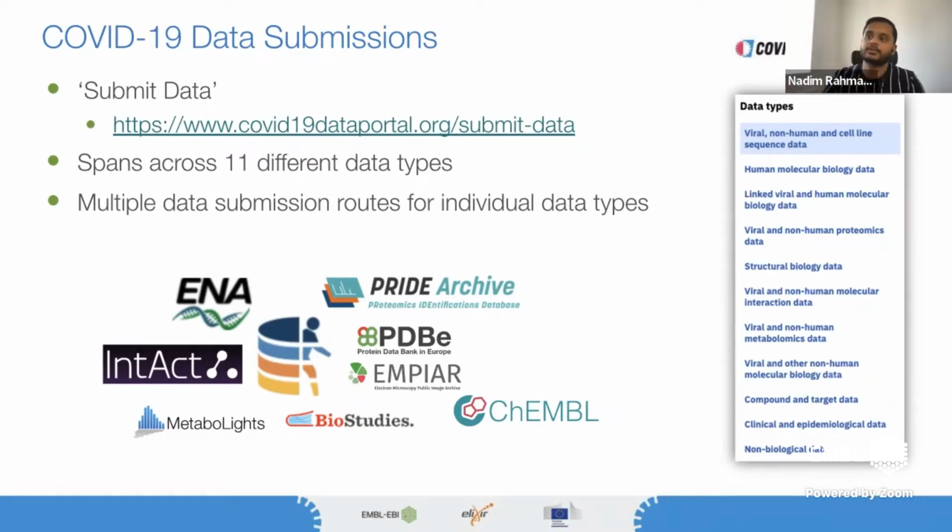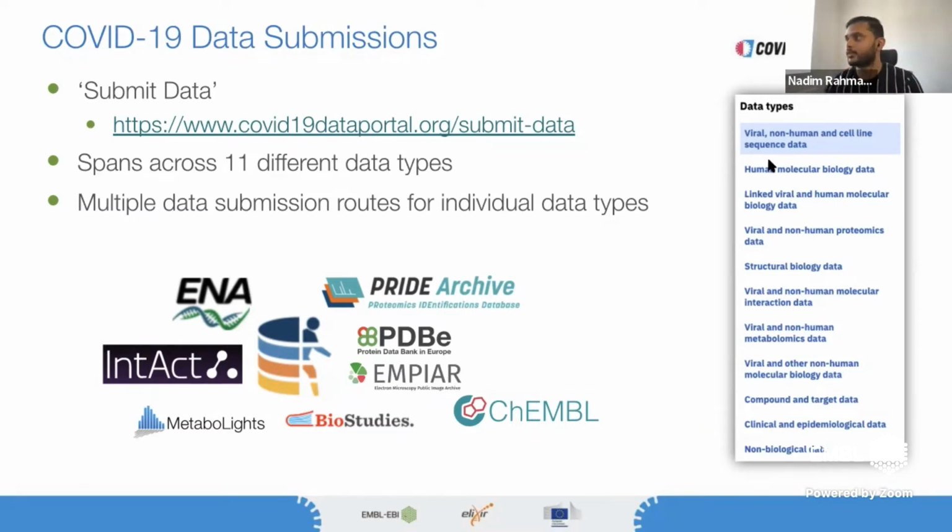It currently spans across 11 different data types, and for each individual data type, there may be multiple data submission routes available, which users have the option to pick and choose from. The data submissions occur with the underlying EMBL-EBI resources and databases, which then return and feed back the data to the portal front end, which is what you're seeing in the data portal.